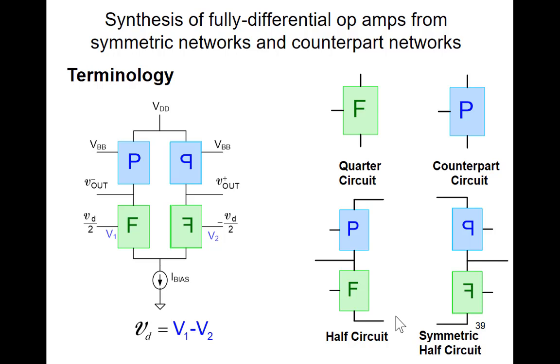And I take the quarter circuit and its counterpart circuit and put them together, and I form a half circuit. And then I take the symmetric version of the half circuit to form the whole fully differential op amp.